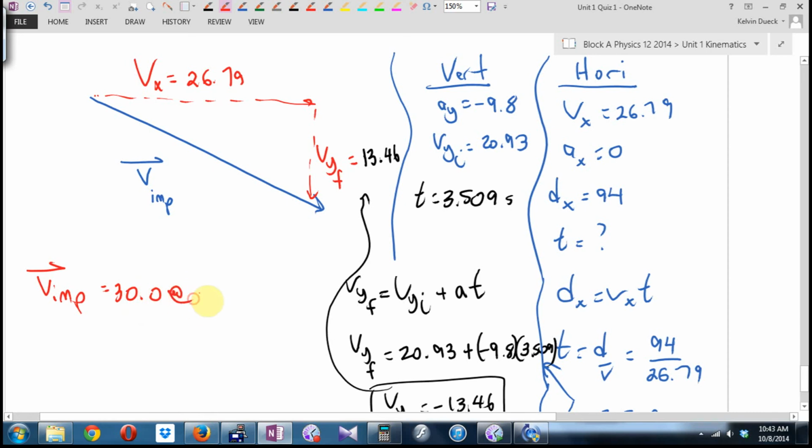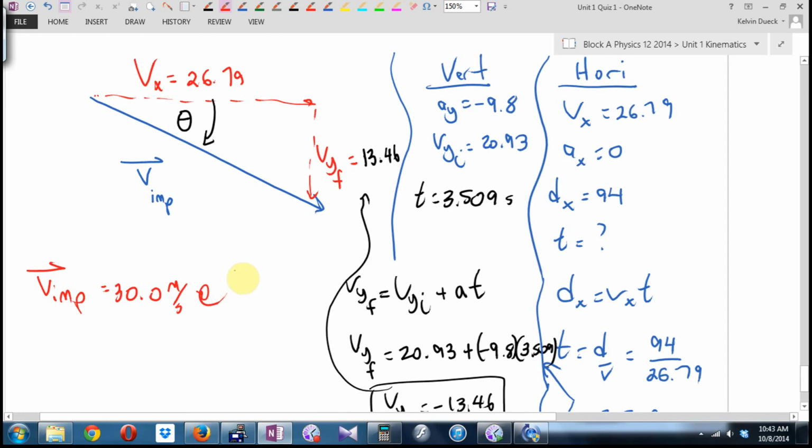That's the magnitude. I need a direction. Oh, I forgot the units. Carly is correct. 30 meters per second.